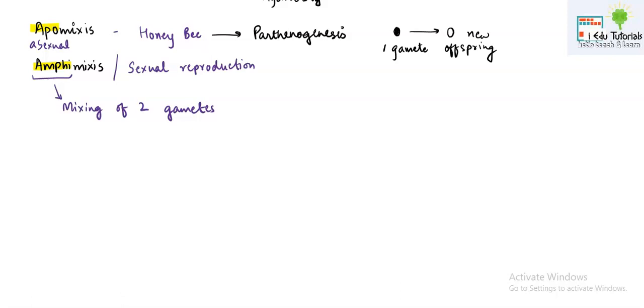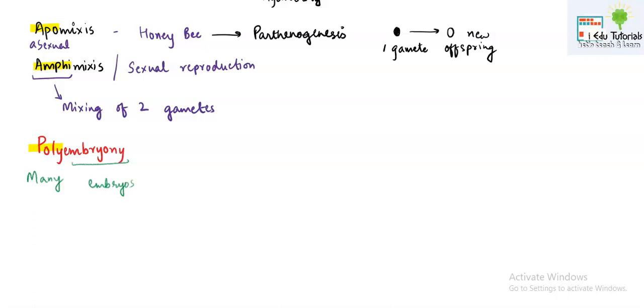Now, before I close, the next term which is mentioned in NCERT is polyembryony. Poly means many. So whenever many embryos will be there, the condition becomes polyembryony. So the presence of more than one embryo in a seed is known as polyembryony.